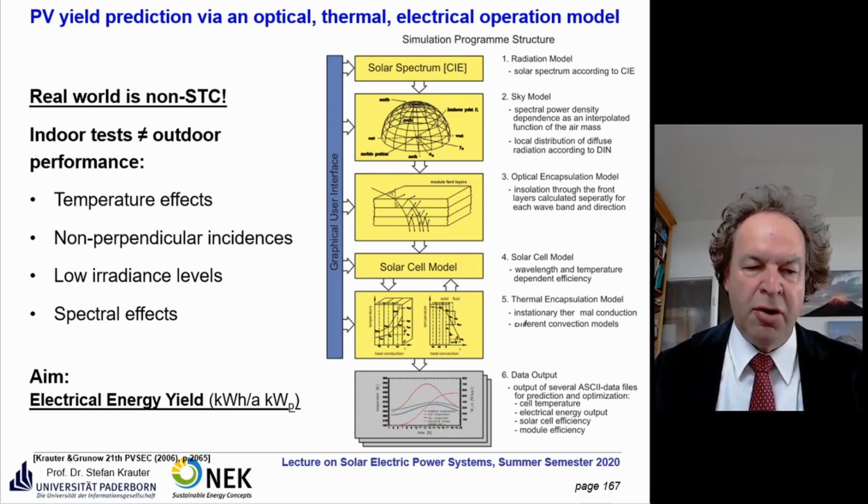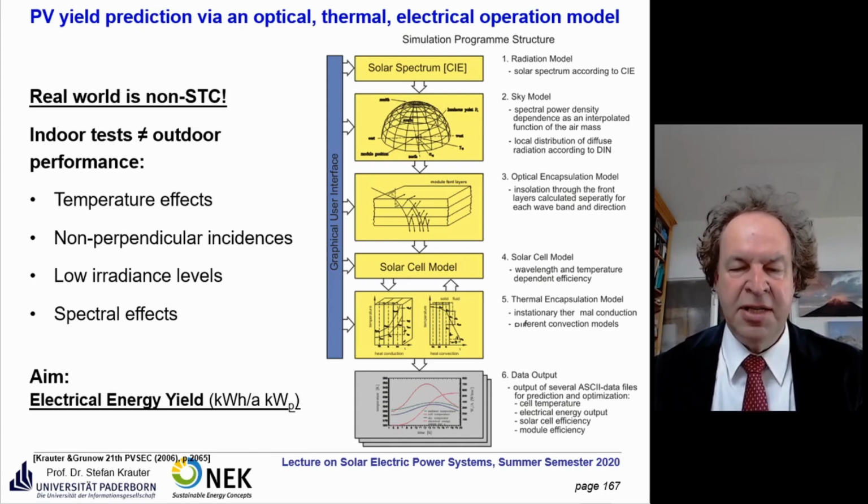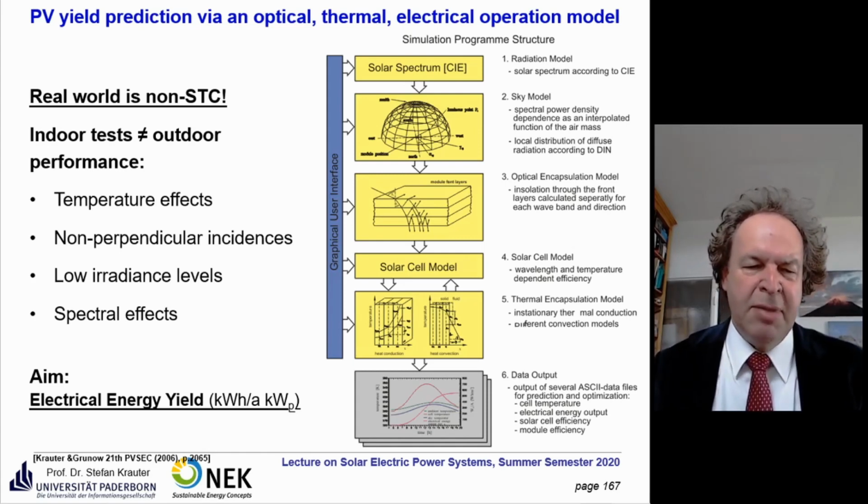And I've mentioned already spectral effects, which depend on the position of the sun and the location you put the modules in. But usually these effects are quite small, but sometimes you can gain a little bit if you consider that, and so on. So the aim is to get the electrical energy yield in kilowatt hour per year.